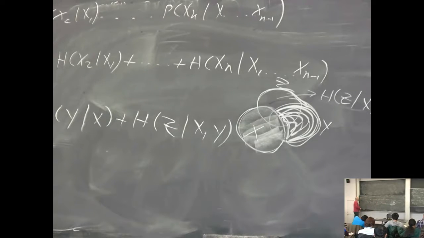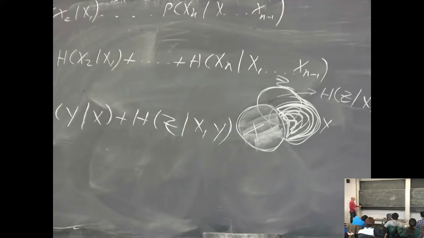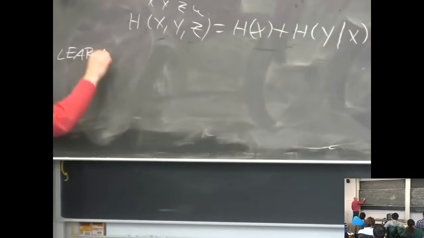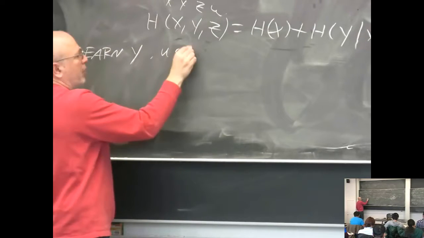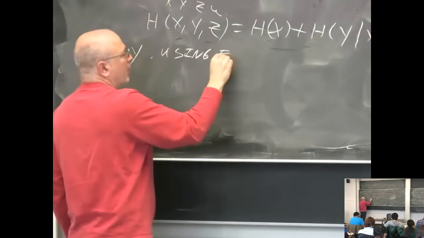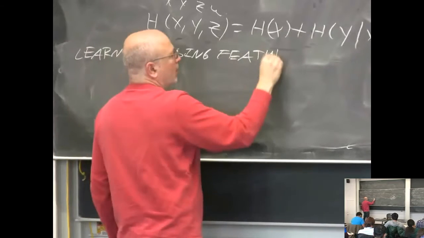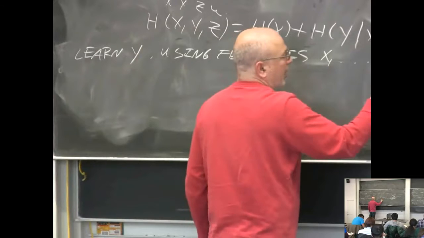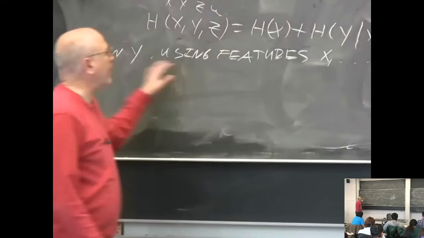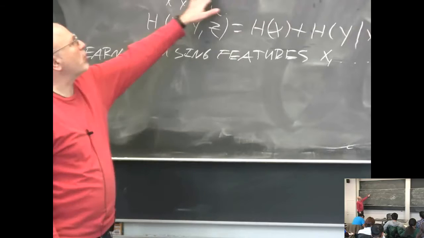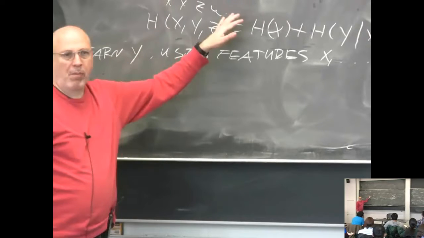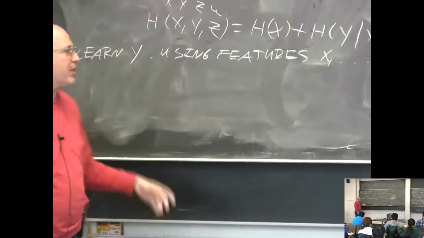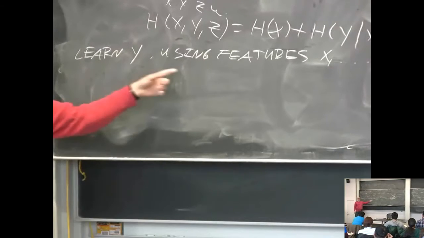So now think about, you're trying to learn a function y. Learn y using features which I will call x1 through xn. So I set apart y, but it could really be thought of as one of these. I just called it a different letter, but we have a whole set of random variables, and I'm trying to learn one of them using the others.